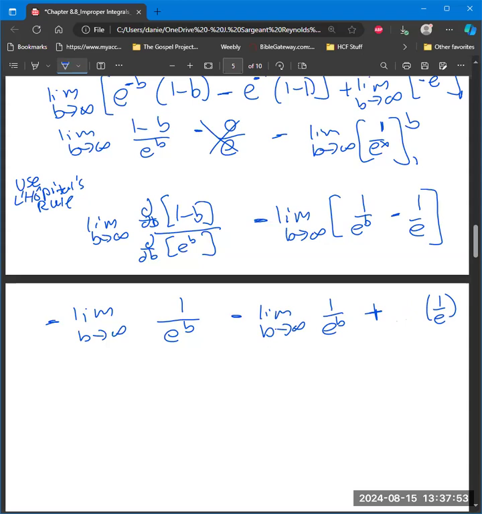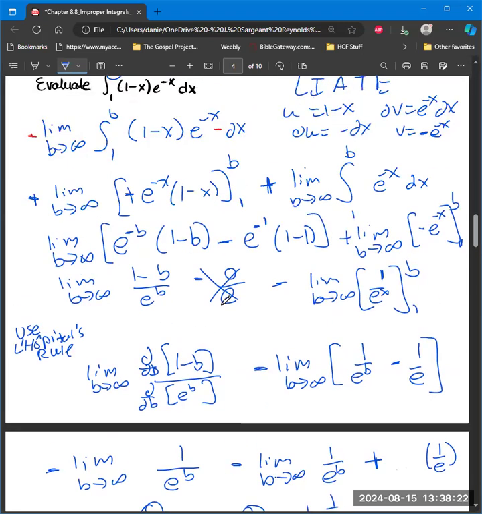So 1 over e to the b is going to go to 0, and I have a plus 1 over e.